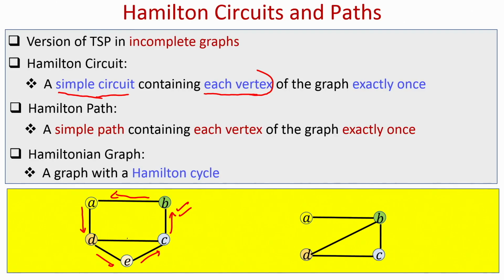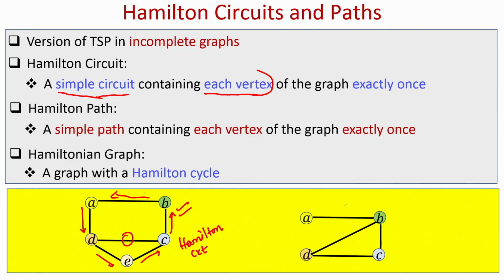Now you can see that this edge is not part of the tour, that is fine. The requirement is that you should start and end at the same vertex and traverse each vertex of the graph exactly once. So the first graph has a Hamiltonian circuit, whereas the second graph does not have a Hamiltonian circuit.